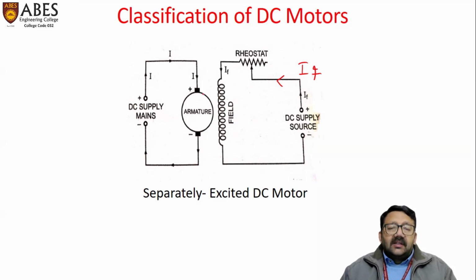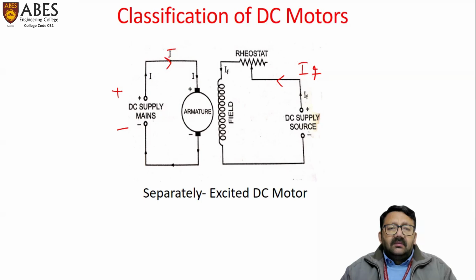Here the armature circuit is independent of the field circuit, and another DC source, which is the main supply of the motor, is connected to the armature brushes. This brush is the positive brush and this brush is the negative brush. Here is the current taken from the supply.